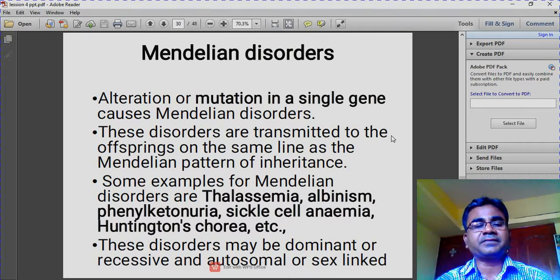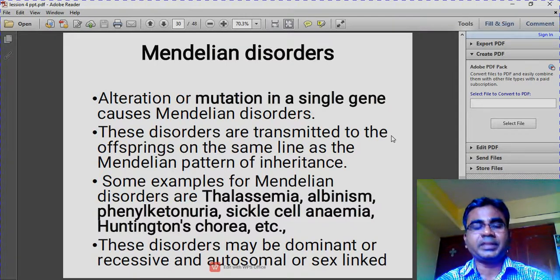Some examples of Mendelian disorders are thalassemia, albinism, phenylketonuria, sickle cell anemia, and Huntington chorea. These are Mendelian disorders, which are transmitted to the next generations.